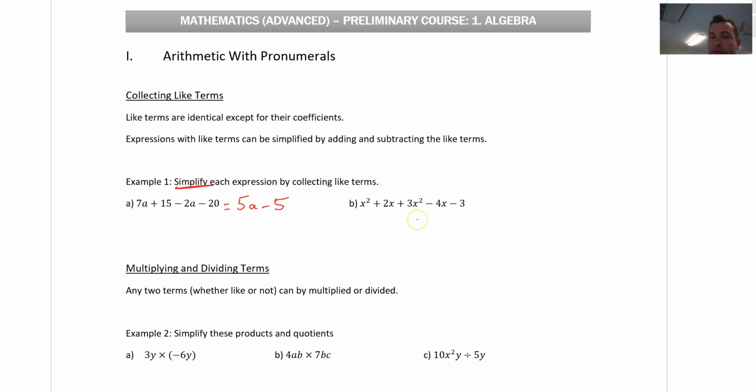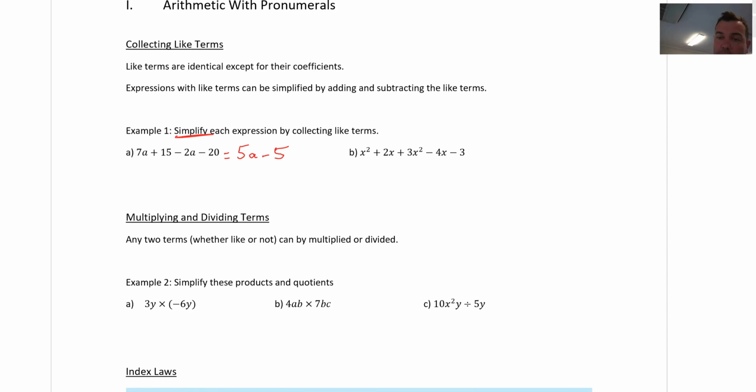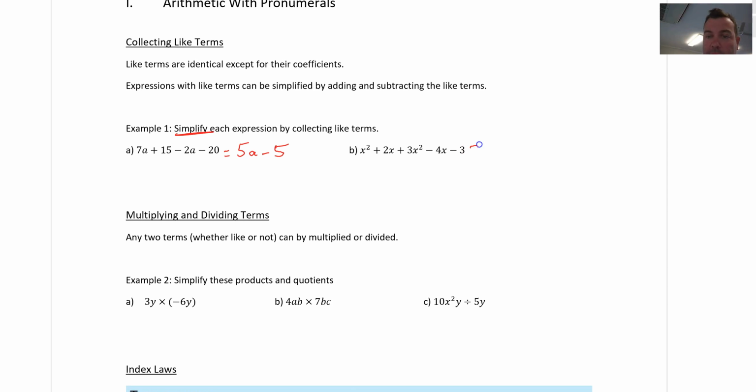Over here, I have lots of terms with x's in them, but some of them are squared and some of them aren't, and those that are squared are not like terms with those that don't have an exponent. Okay, so let's just work through these. I'm a bit rusty. Not with the maths, with using this screen. So, x squared and another 3x squared. Okay, these are like terms.